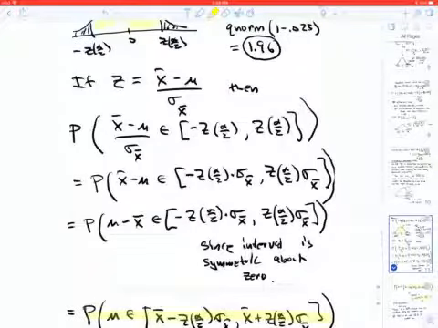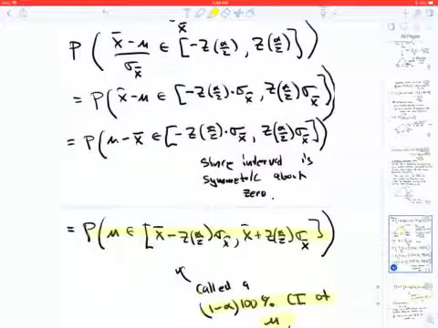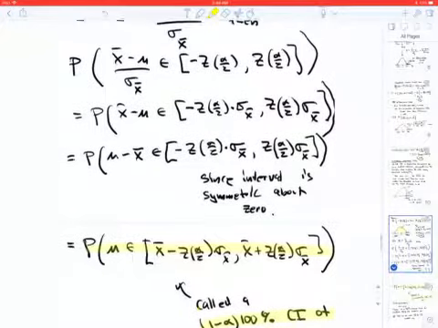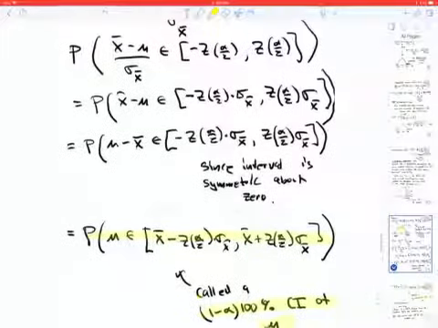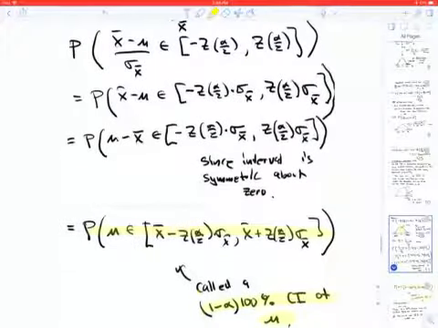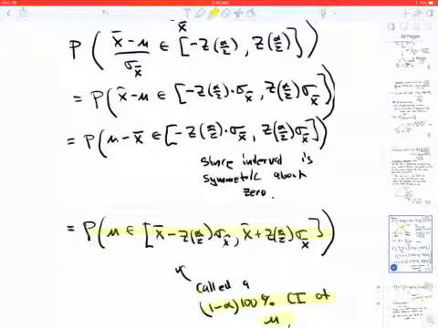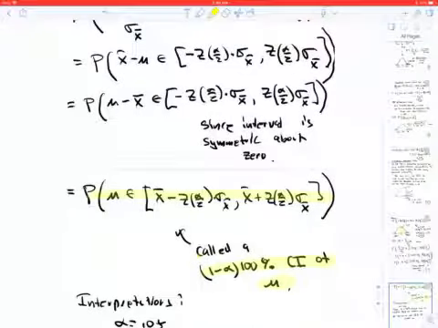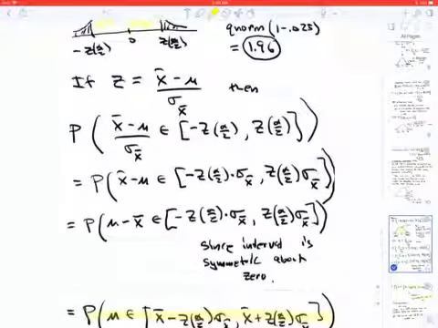And we just do some basic algebraic manipulations here to find the probability that mu is in this interval here. So this probability is called a 1 minus alpha times 100% confidence interval of mu.